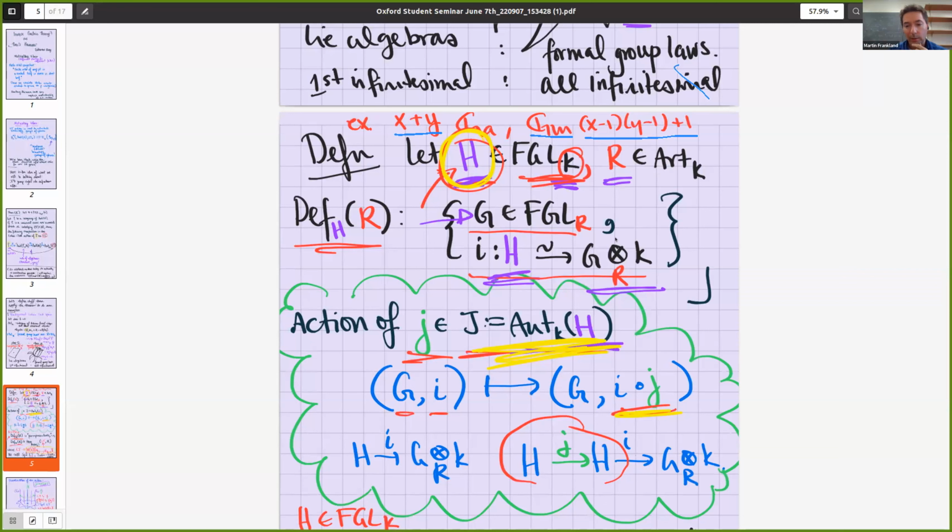I'm worried about the Artinian condition. You're saying Z_p isn't necessarily Artinian. But if we remember arbitrarily high truncations that should be the same information. Yeah, I think instead of taking Artinian local K algebras, we can just take complete local K algebras, and this is fine.